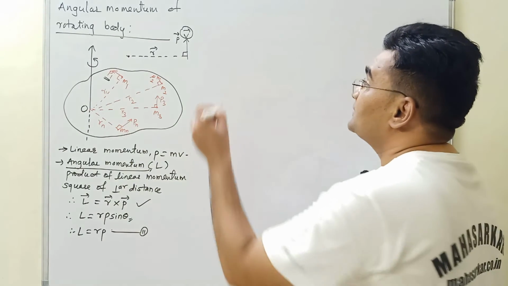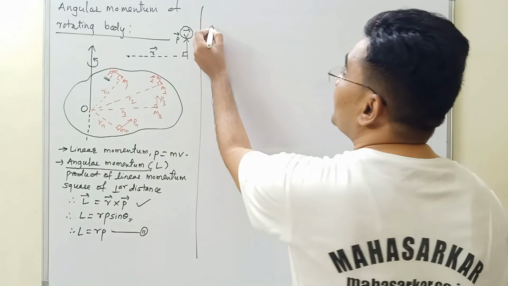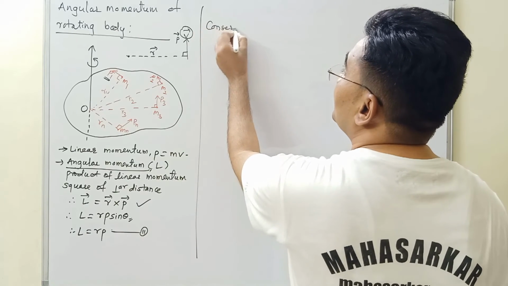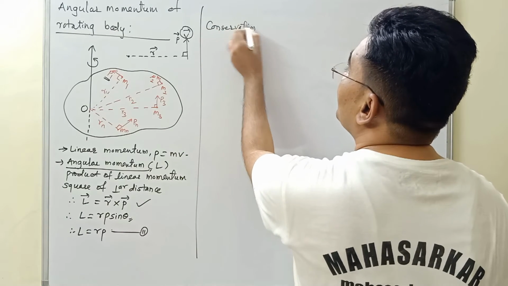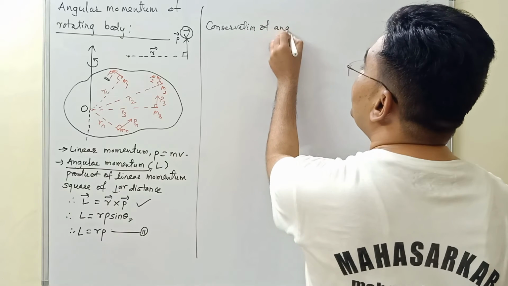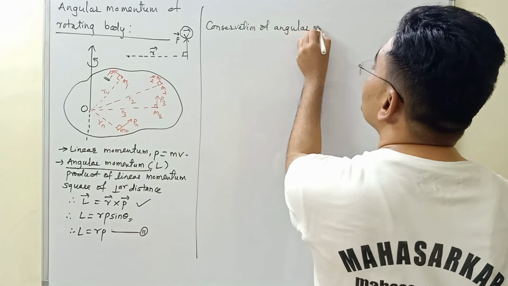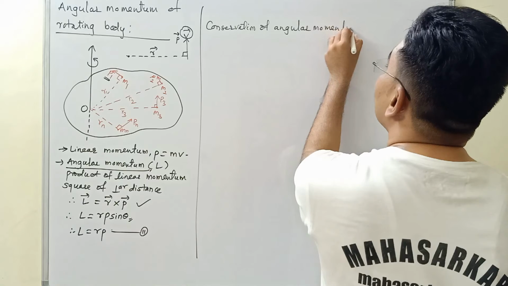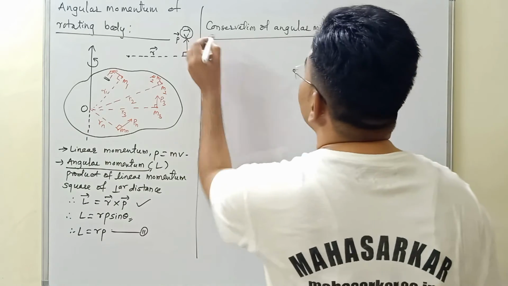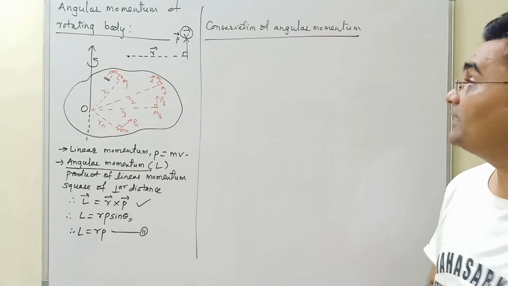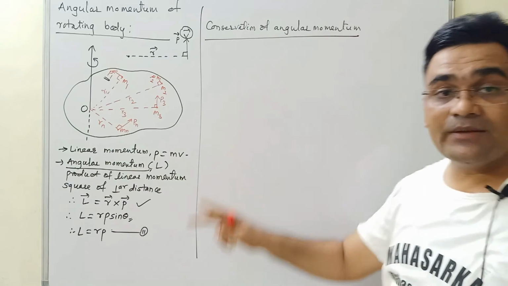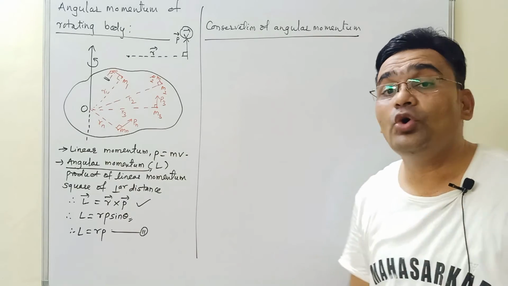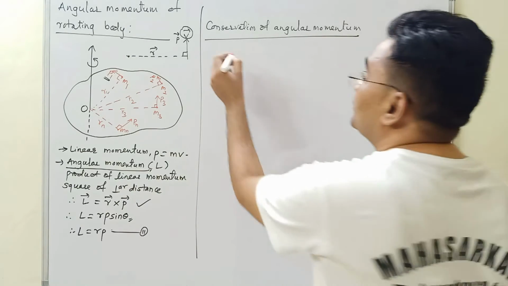Now we will discuss conservation of angular momentum. If you remember, linear momentum also remains constant or conserved if no force acts on it. In a similar manner, angular momentum of a rotating body also remains constant if no torque acts on the object.